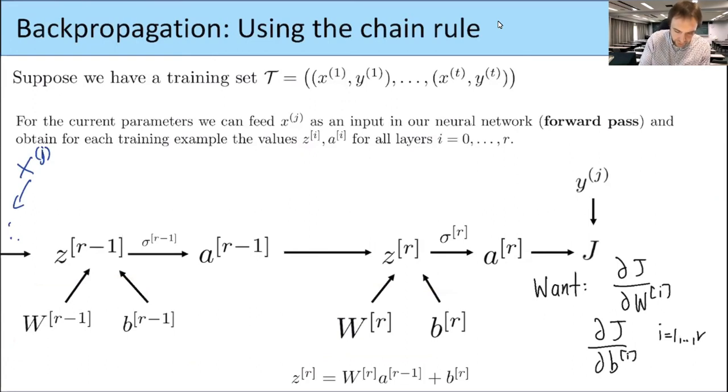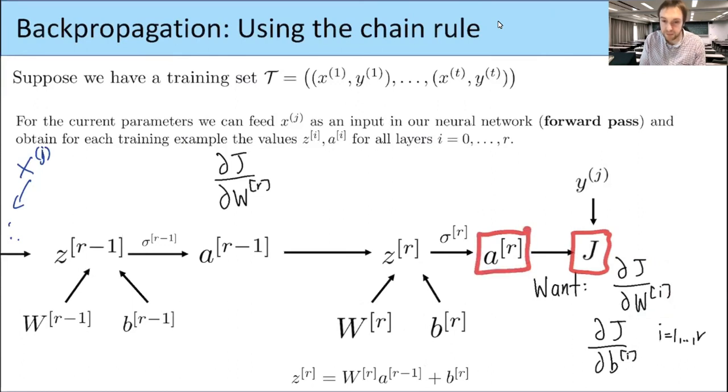The main idea of the chain rule is now that, for example, take the derivative of the cost function J with respect to the matrix WR. The first input of the cost function is AR, and AR comes from ZR by applying the activation function, and ZR depends on WR.